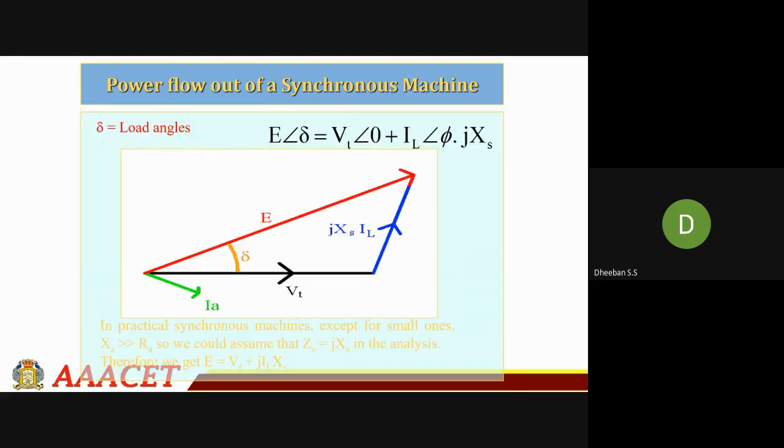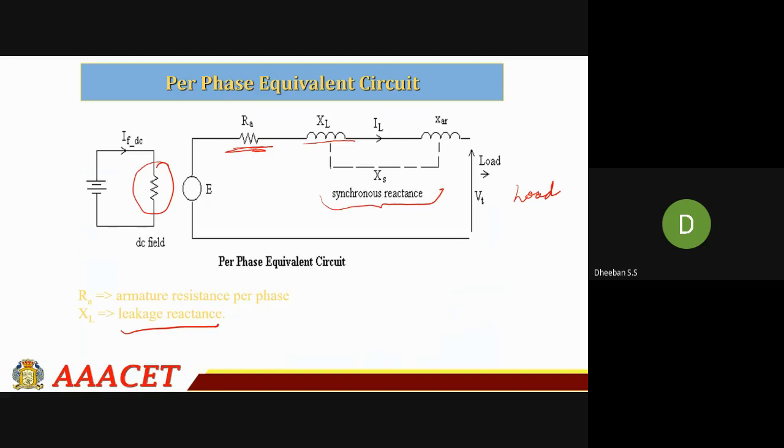Coming to the power flow out based upon your various load conditions. In general, your XS, that is your synchronous reactance, will always be greater than your RA. Here you can see the combination of your armature leakage and your XAR is nothing but your XS. This XS will always be greater than your RA.